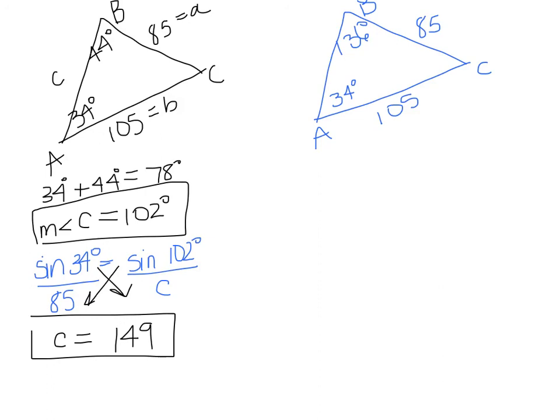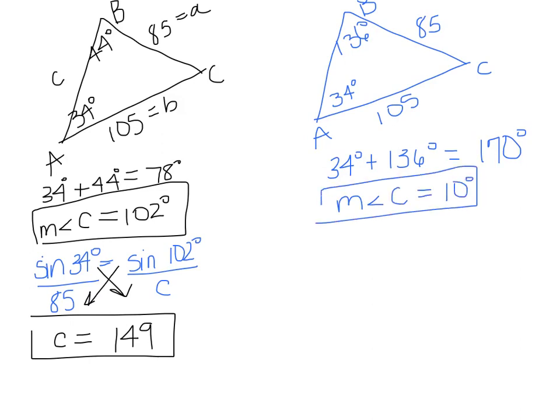My other option is if I had 34 plus 136, that would give me a total of 170 degrees so far, which means that the measure of angle C in this case would have to be 10 degrees, so they can add up to 180. And here again, I am looking for little c.